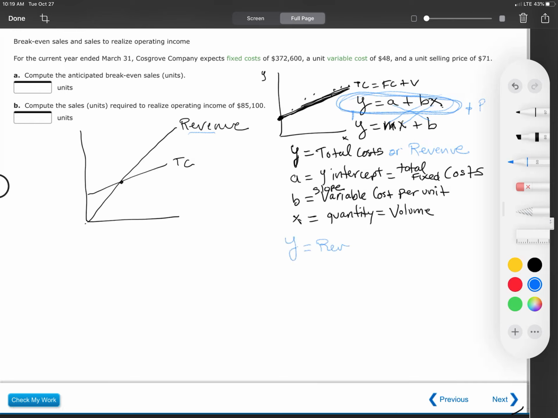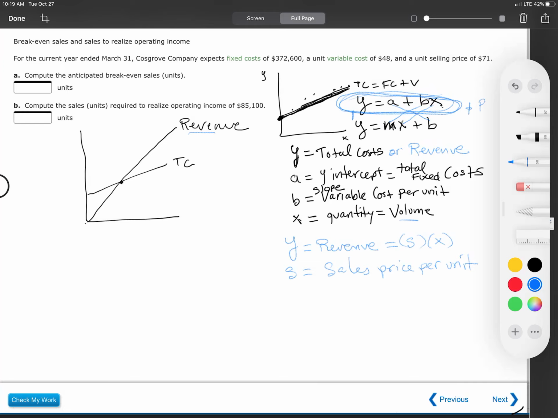When Y is your revenue, revenue could be further broken down into S times X. Now, X we know is the volume, and S is the sales price per unit. The sales price per unit is not a total revenue, it's a per unit revenue.